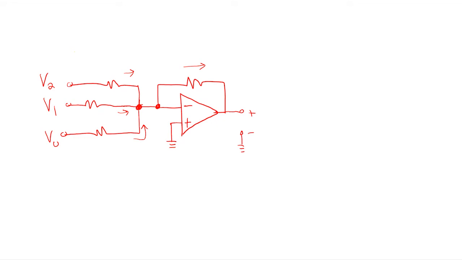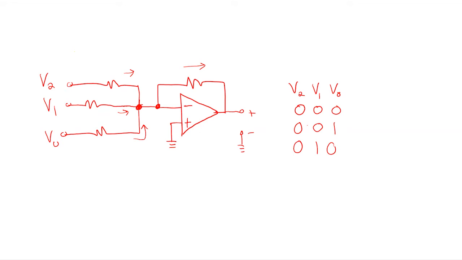The way I set this up for you, I give you this table, V0, V1, V2, and I basically ask what happens as we change these values. So imagine V1, V2, and V0 were all 0. What's the output going to be? It will be 0.